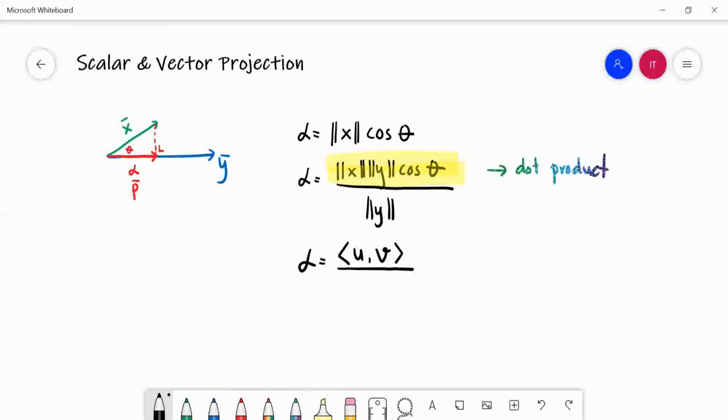In some books, they write it using the special bracket here. Or we can also write it using a dot. I'm sorry, it should be x and y.